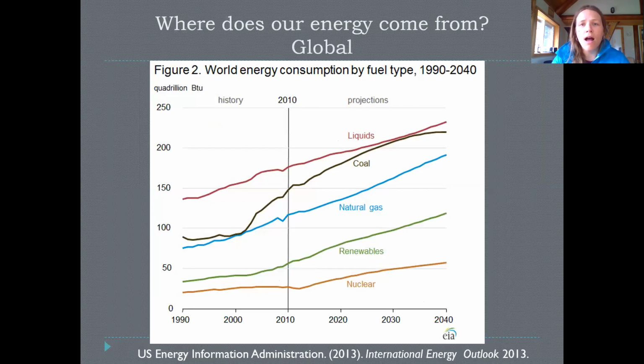Okay, so this is a global picture, right? The last one was a US picture. So this is kind of showing changes through time: nuclear, renewables, natural gas, coal, and then liquids would be like petroleum, gasoline products. And you can see all of them are on the rise.